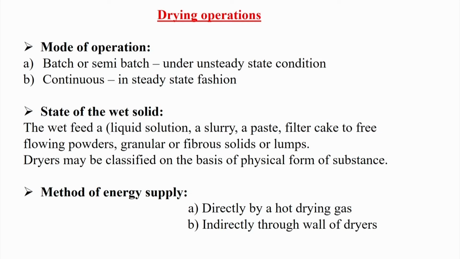Another factor is the method of energy supply, that is, how the drying process takes place: whether we directly supply the hot drying gas, or indirectly supply heat through the wall of the dryer, meaning heat is supplied from one side and evaporation of water vapor takes place on the other side.